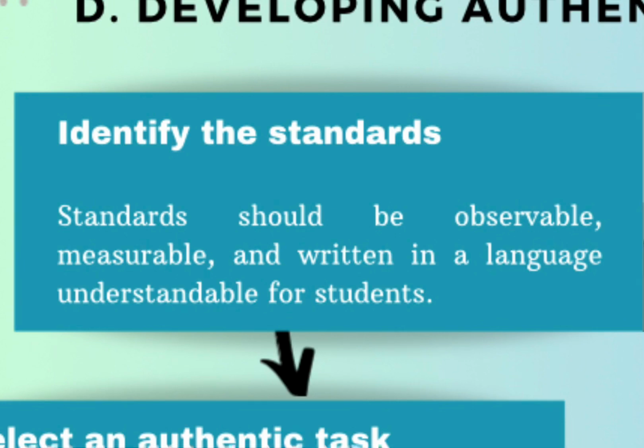This is very specific. So what we have to do is make it not too general and not too specific, okay? And it should be clear when we make standards, wherein those who read our standards will be able to understand it, especially our students.